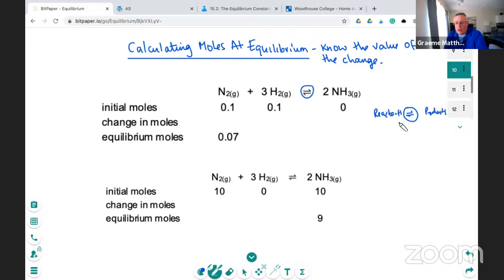And just imagine that. So when you start, the pendulum, if you would, is all the way on the left-hand side. True, because at time 0, there aren't any products.